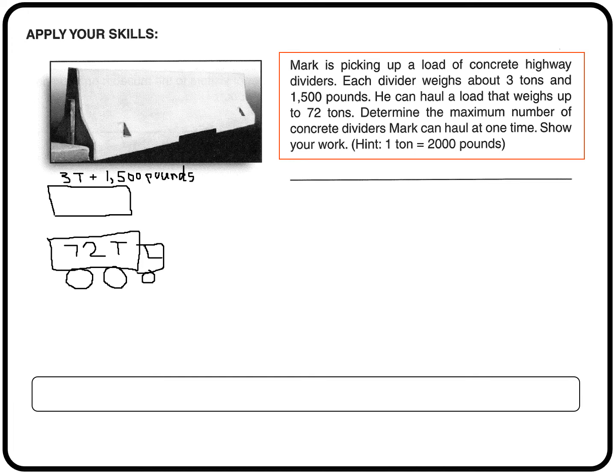Now, this is a little timer down here, so you don't have to pause the video. I want you to give this a try to figure out how to solve it. Now, the one thing here is that we have tons and we have pounds. 1 ton equals 2,000 pounds. So my suggestion would be to convert everything to pounds and then solve. So find out how many pounds a concrete divider is and find out how many pounds he can haul and then solve your problem.